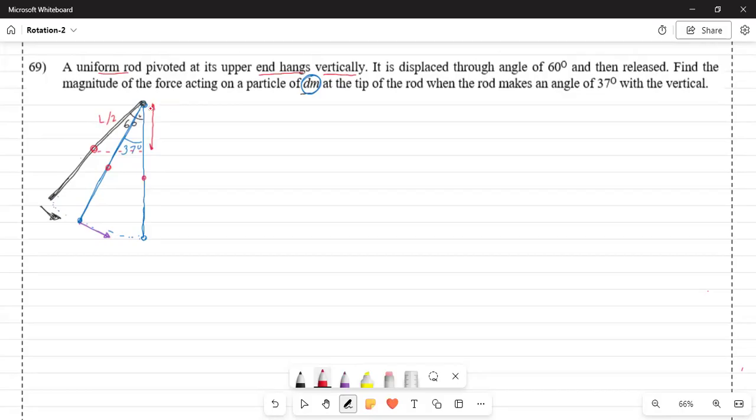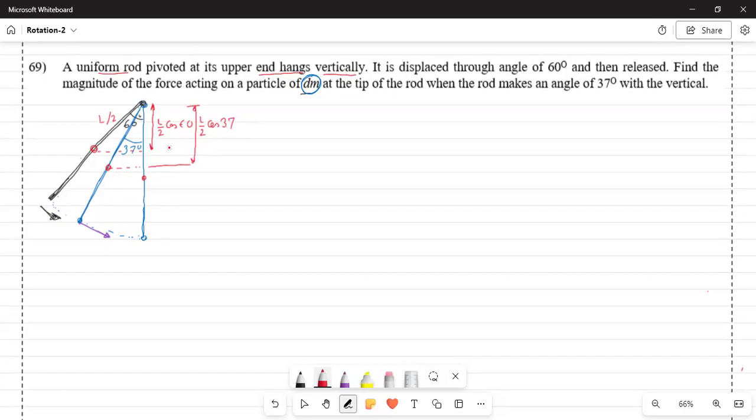This distance is L by 2 cos 60. And if you draw a line here, this is L by 2 cos 37.